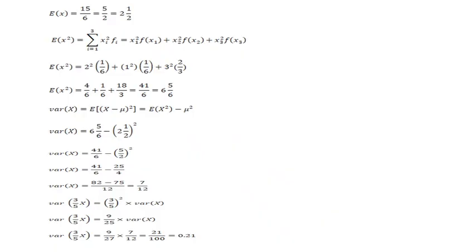What is our 3/5 squared? That will be 9/25, that is 3 squared and 5 squared. 9/25 times the variance of x. From here, we've estimated our variance of x to be 7/12. That will be 9/25 times 7/12, which will give us 21/100, which is 0.21.